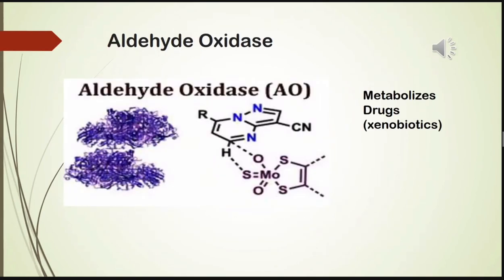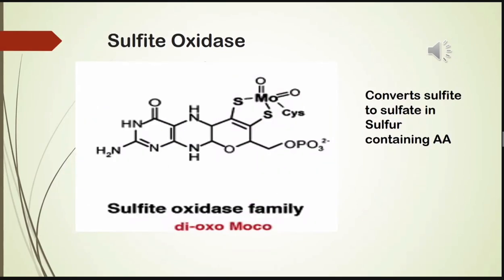Aldehyde oxidase is one example of an enzyme that contains molybdenum. Aldehyde oxidase is used to neutralize foreign material in the liver, like drugs. They work hand in hand with cytochrome P450. Sulfide oxidase converts sulfide to sulfate in sulfur-containing amino acids.